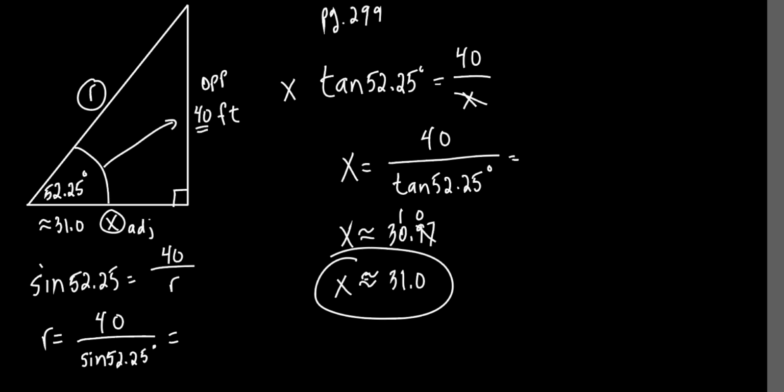If we round it to one decimal place, make a squiggly equals. 50 point what? 6. 50.6. See that 8 rounds the 5 up to a 6, and there you go. So that's what r is approximately equal to. This is what x is approximately equal to, right there. And that's the kind of stuff that they want you to do.